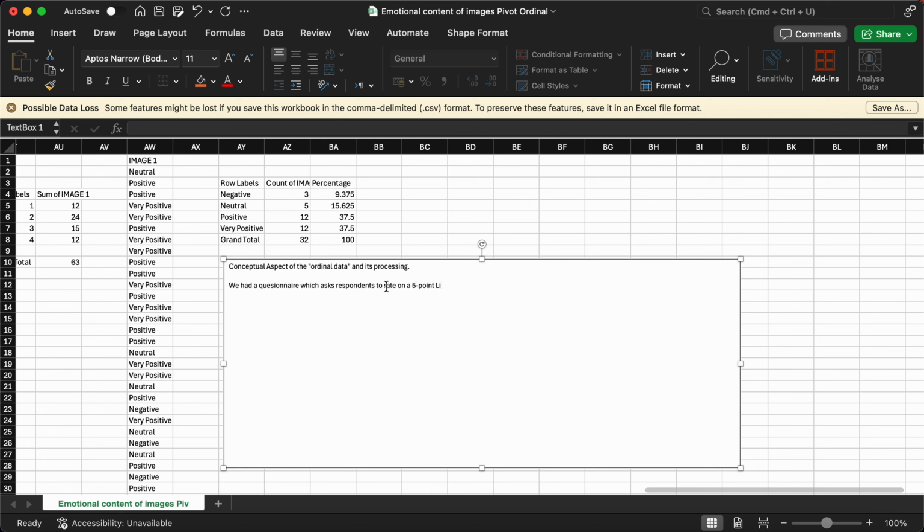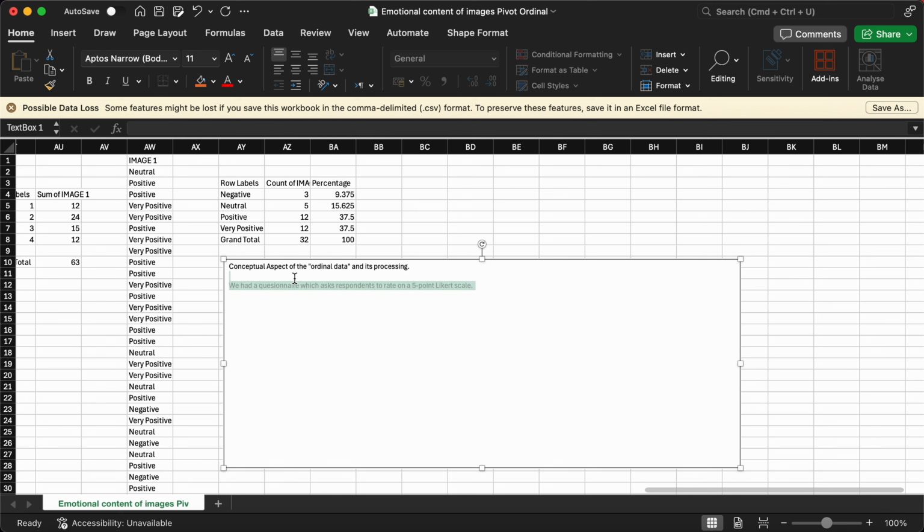I realize that I'm pronouncing this incorrectly. It's not "Likert" as I said in the previous video, it's Likert. Sorry, Likert scale. So we had a questionnaire which asks respondents to rate.